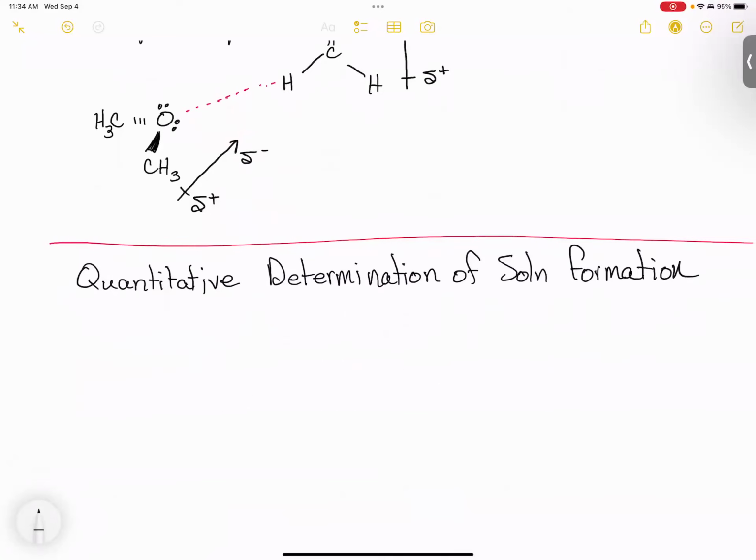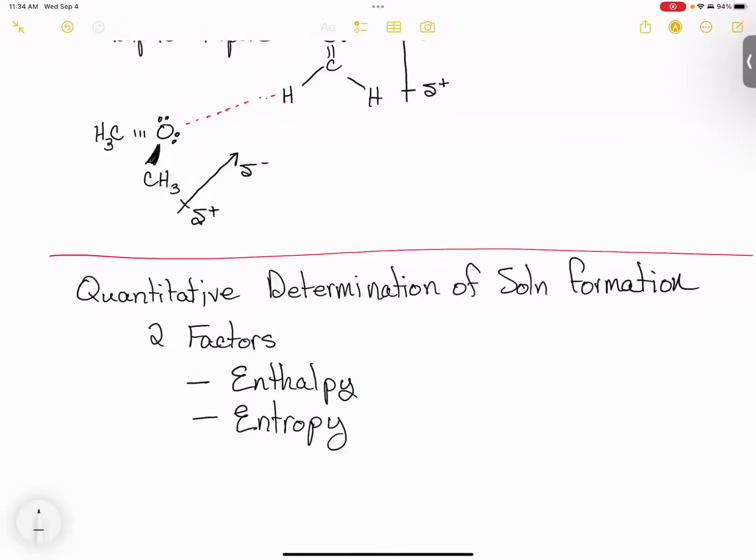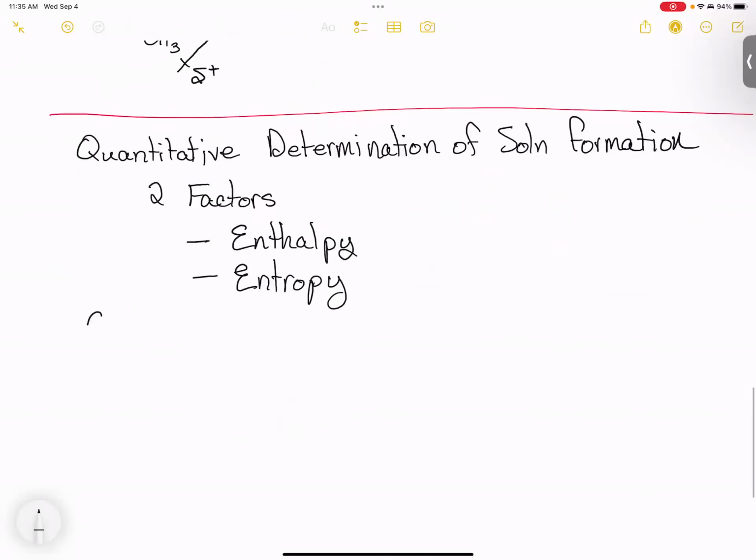The quantitative story comes down to two factors. The first factor is enthalpy. The second factor, which we will discuss a lot more later on, is entropy. So let's talk about enthalpy.